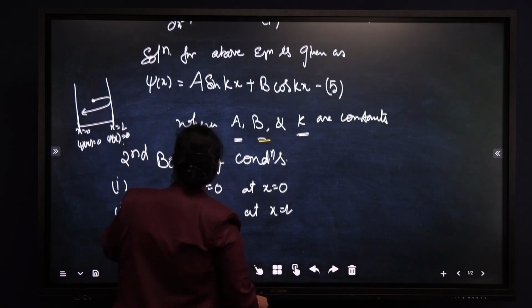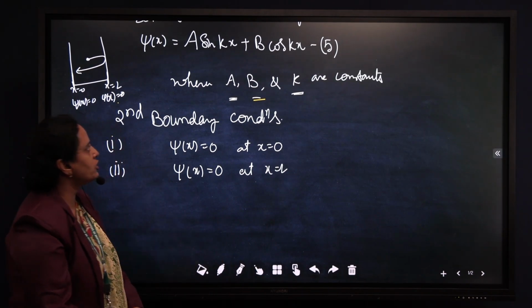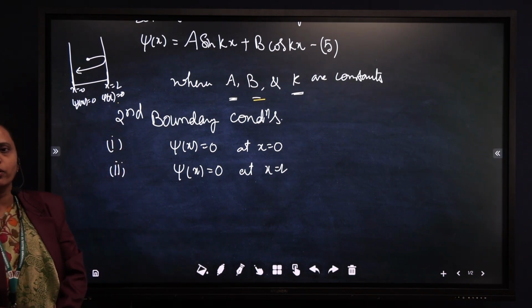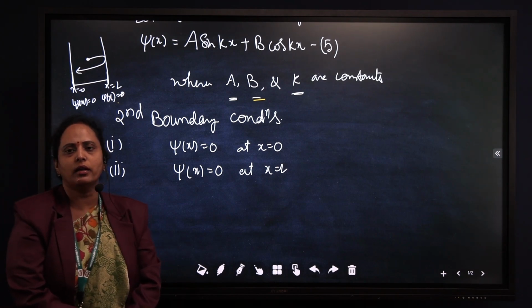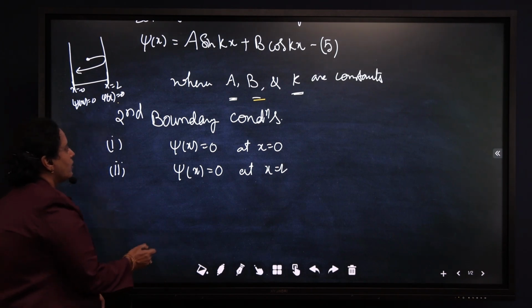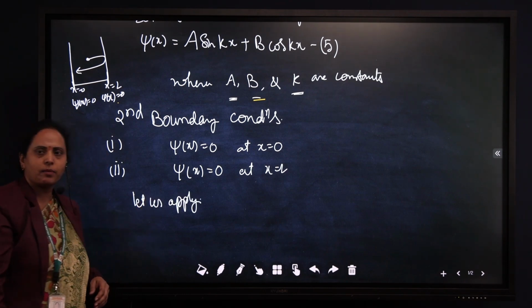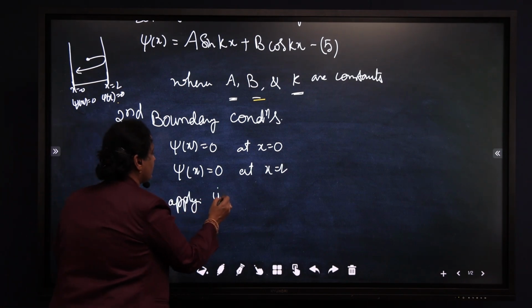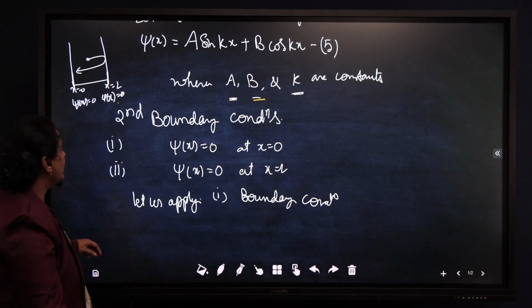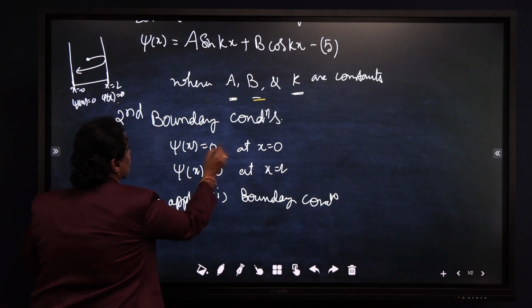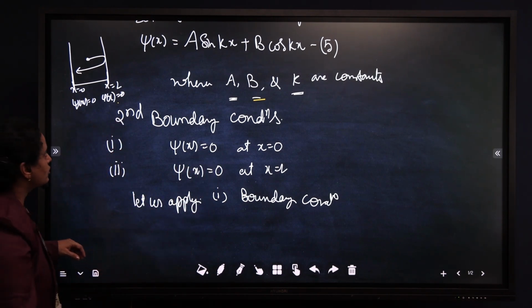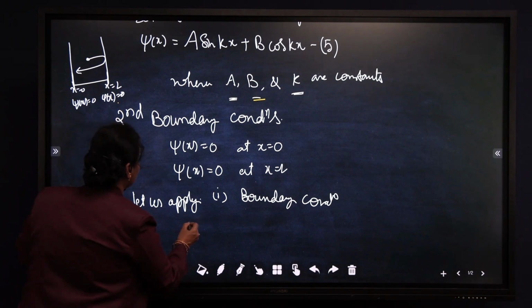Let us apply the boundary conditions in equation 5 to find out the constants a, b and k. Let us apply the first boundary condition, that is psi of x is equal to 0 at x is equal to 0.